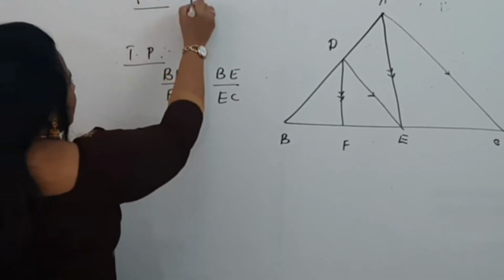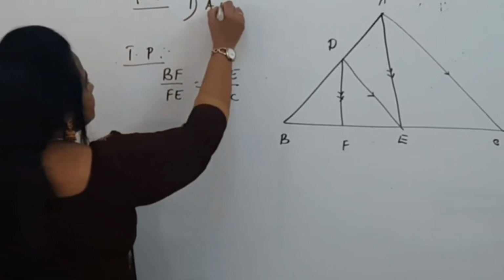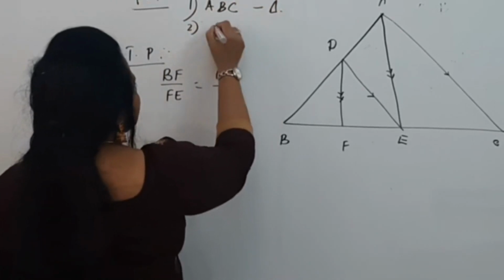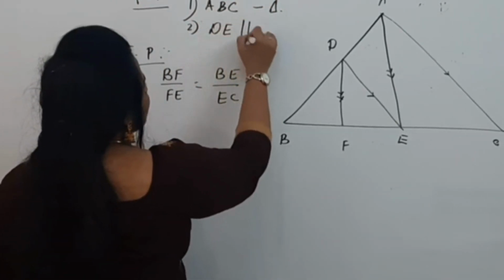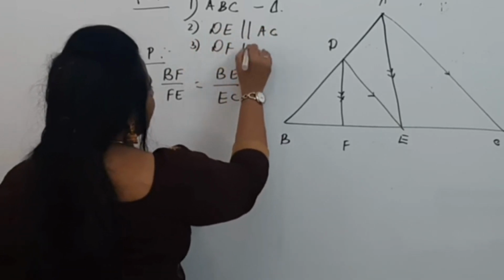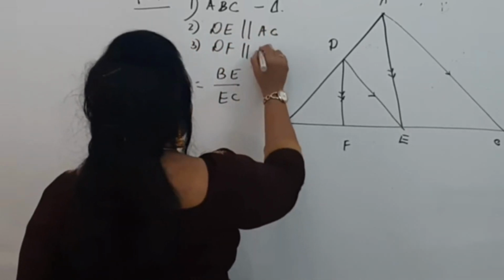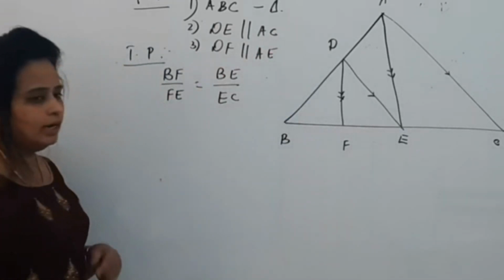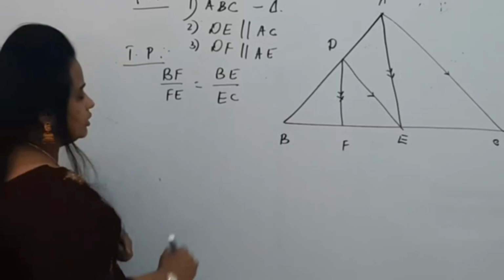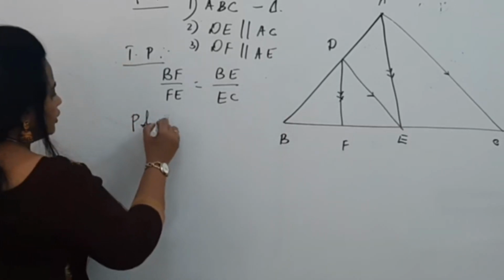Given: ABC is a triangle. The second point, DE is parallel to AC, and the third point, DF is parallel to AE. This is what is given. Hope you understand from the diagram. Now, I have to prove this one. So, I go for the proof.